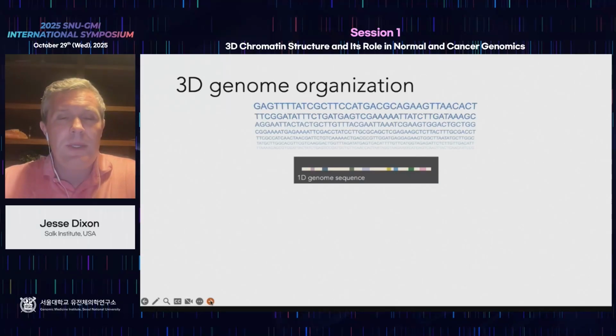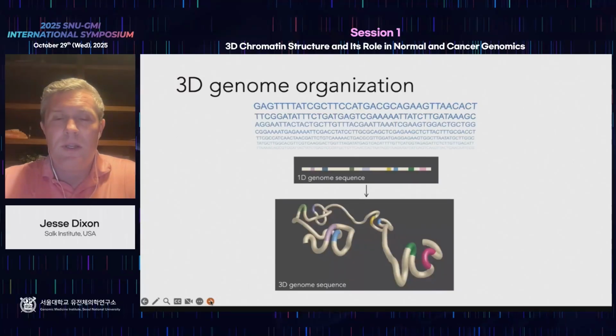But ultimately, we know that our genomes are actually folded in three-dimensional space inside of cells, and how our genomes are folded has a major impact on how a variety of different processes in the nucleus work. This includes things like DNA replication, DNA repair, as well as gene expression.